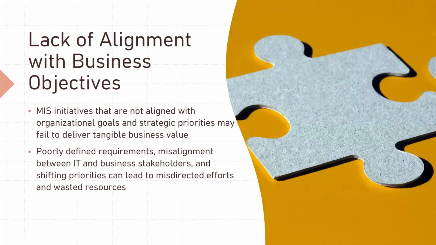Then another problem of MIS is lack of alignment with business objectives. MIS initiatives that are not aligned with organizational goals and strategic priorities may fail to deliver tangible business value.